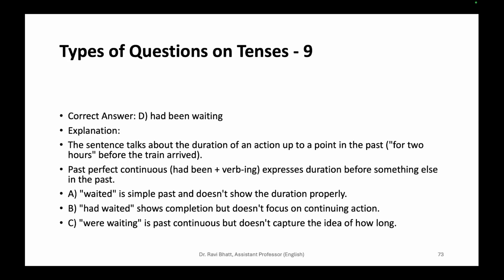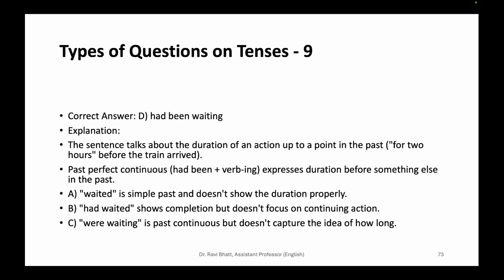Okay, so let's see what is the explanation. I had been waiting. So the sentence talks about the duration of an action up to a point in the past. Okay. For example, that means for 2 hours before the train arrived. So the past perfect continuous tense, that is had been plus verb-ing, expresses duration before something else in the past.